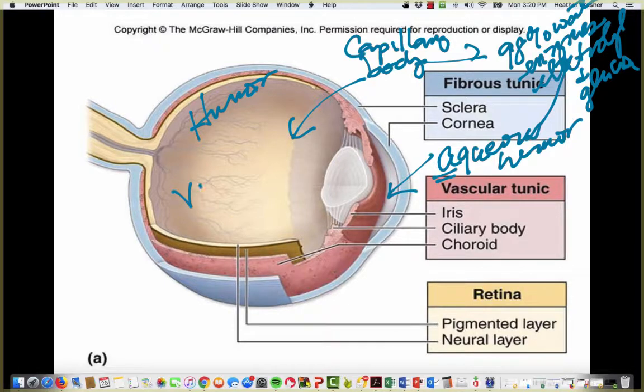Now back here is what's known as vitreous humor. So this is in the posterior. It's gelatinous consistency, so it's a little bit more like gel than what you get in the front, and this helps to maintain the shape of the eye.